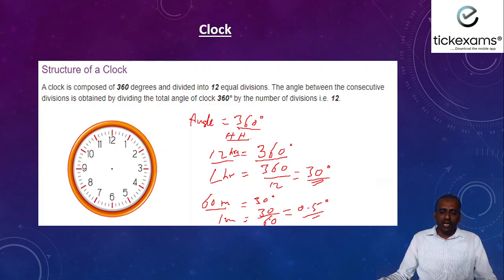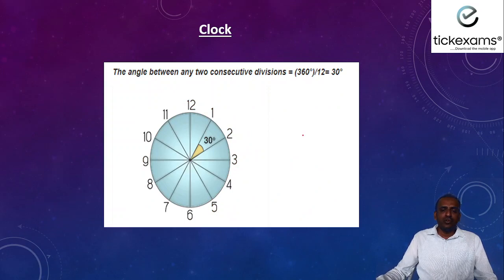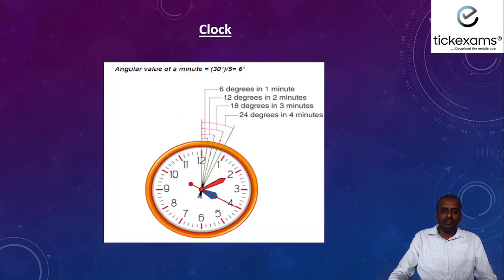Therefore, in 1 minute, it covers 30 by 60, that is nothing but 0.5 degree. So we have to keep these basics in mind, which is very important. This is what is shown here in the figure. When it moves from 1 o'clock to 2 o'clock, it has covered one division, which means it has covered 30 degrees.